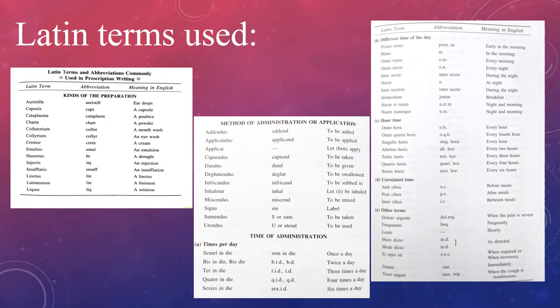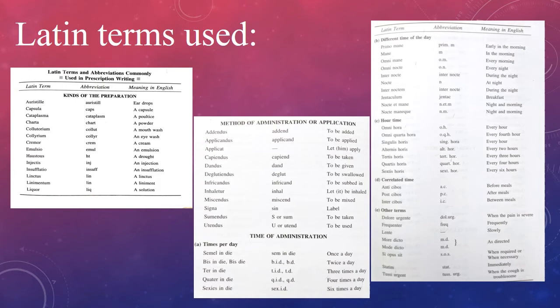For the method of administration or application, addendus, which has the abbreviation add, to be added. For time of administration, for times per day, semel in die. The abbreviation for it is sem in die, which in English means once a day.